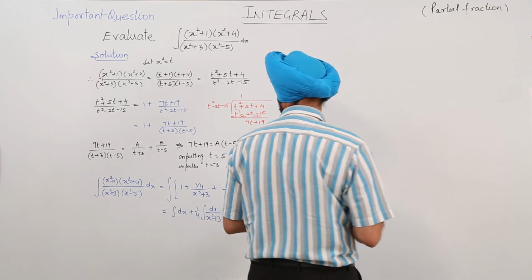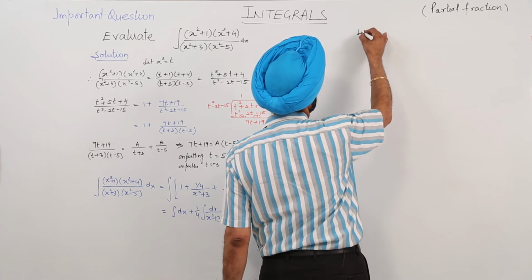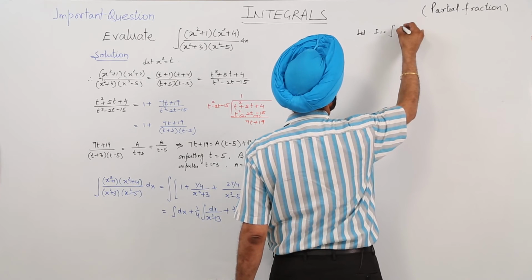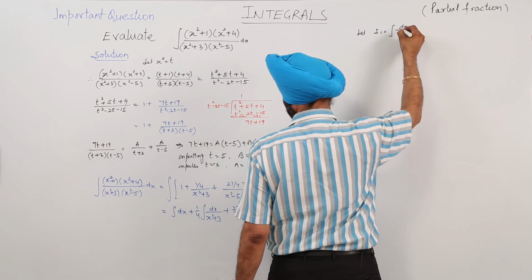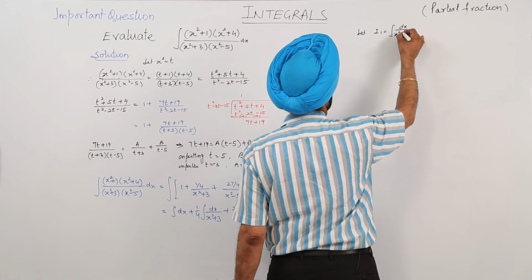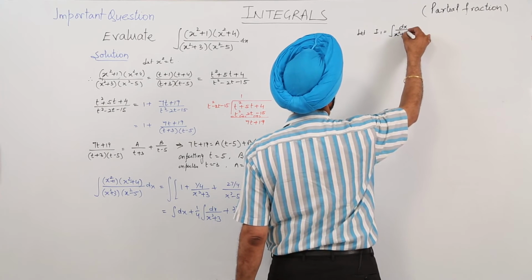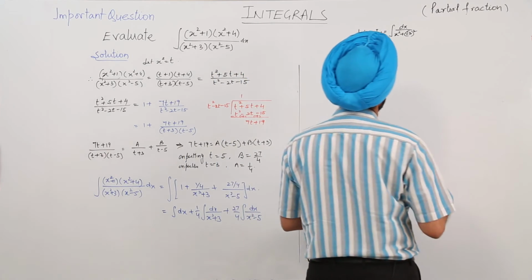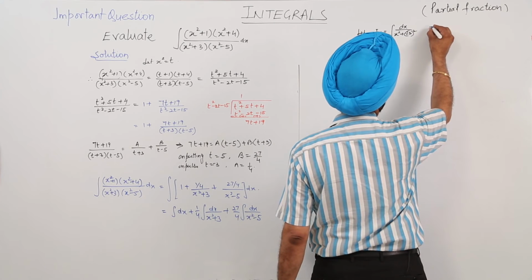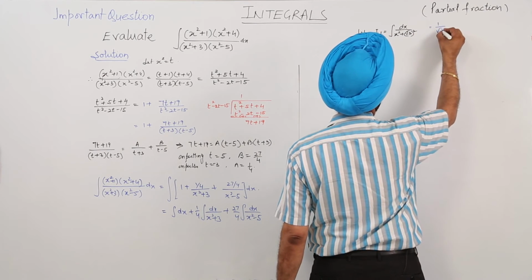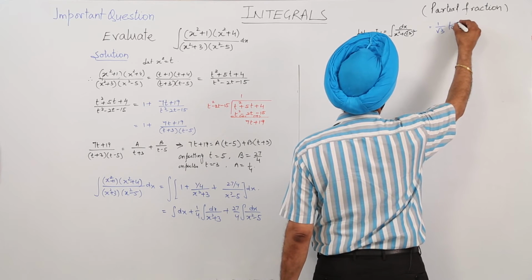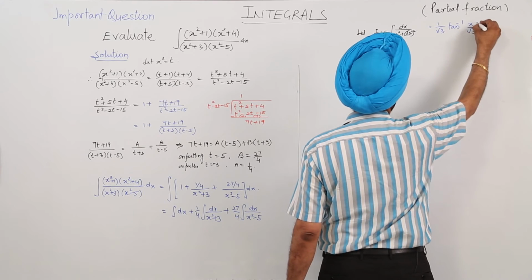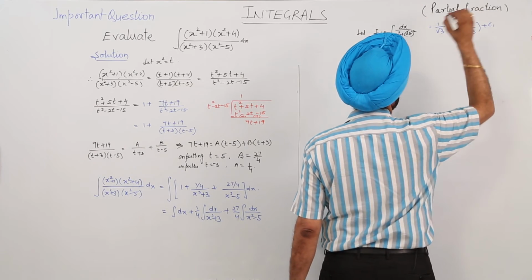Now, let I1 is equal to integration of dx upon x square plus root 3 whole square. So now what is the result? This becomes 1 upon root 3 tan inverse x upon root 3 plus C1.